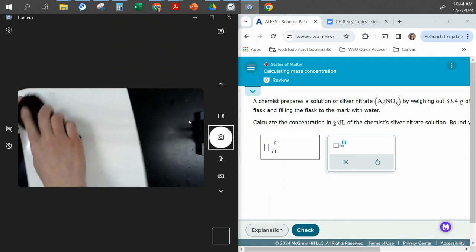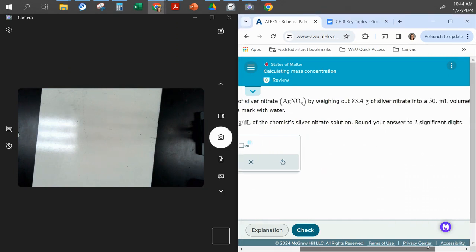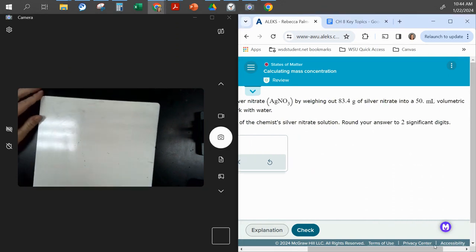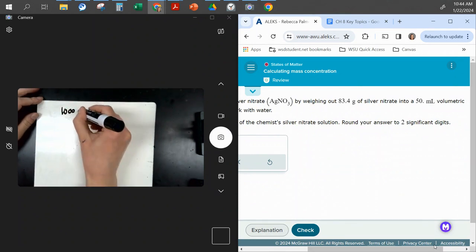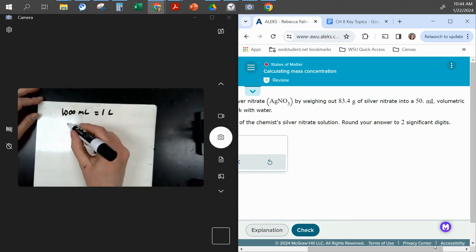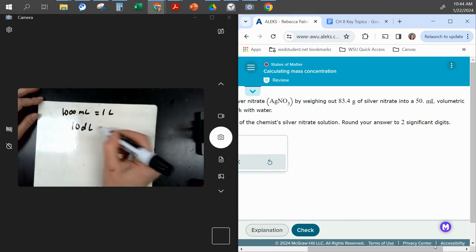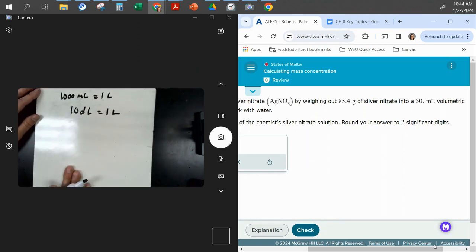But this is confusing for me. All right, so I know there are 1,000 milliliters in 1 liter. I also know that there's 10 deciliters in 1 liter. So that's going to help me figure out what I'm doing.